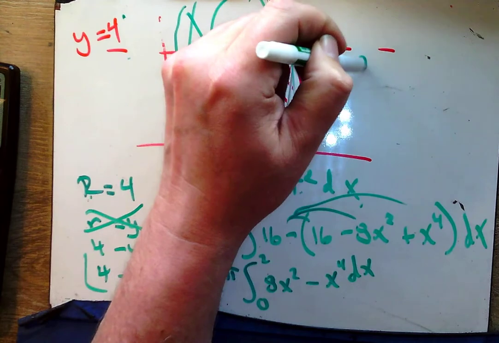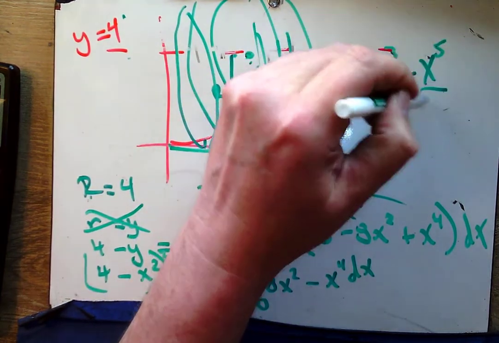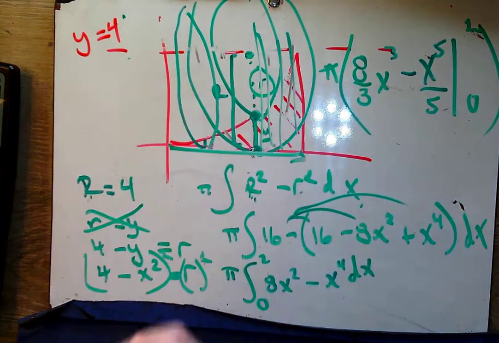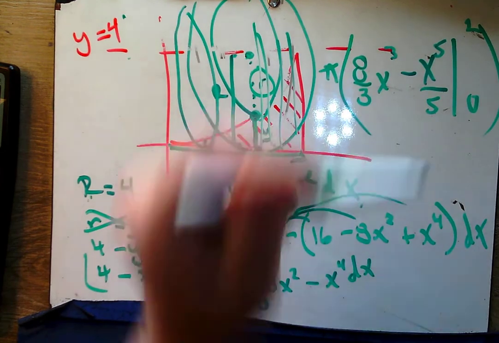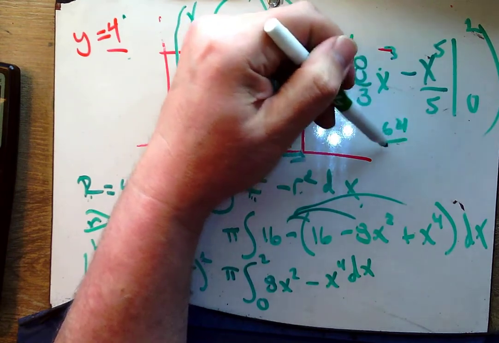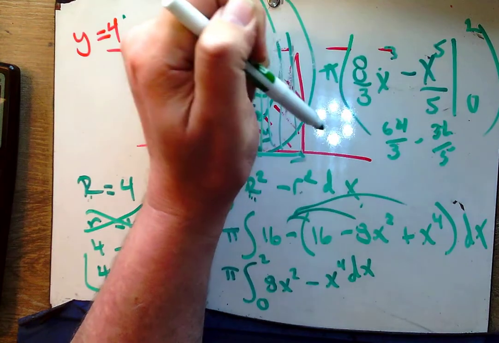Okay, so that's going to be 8 thirds x to the 3rd minus x to the 5th over 5 from 0 to 2, and don't lose that pi. So what do we get? We've got 2 to the 3rd is 8 times 8, 64 thirds minus 32 fifths.